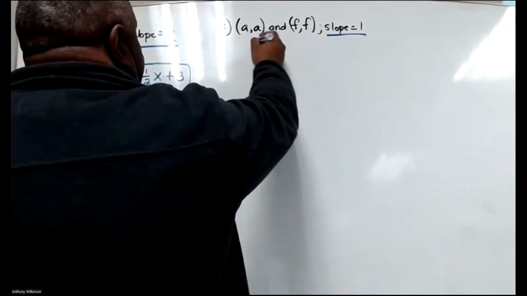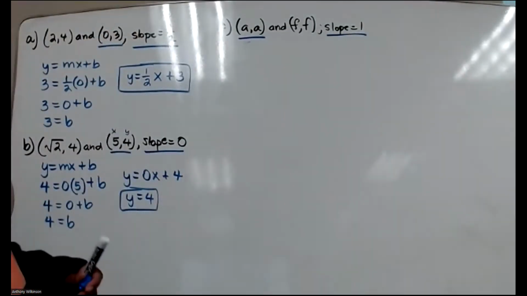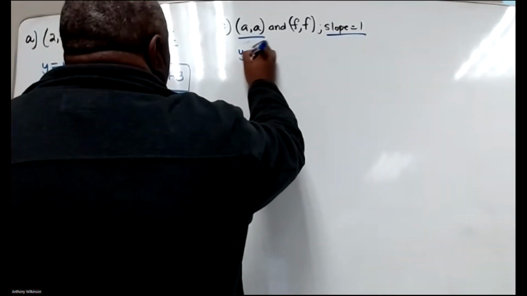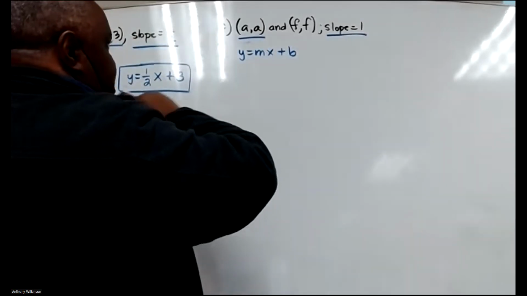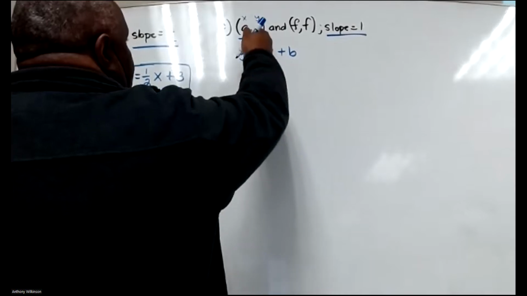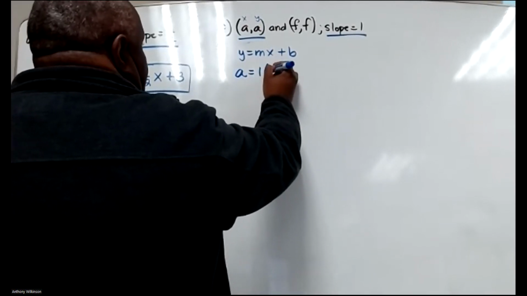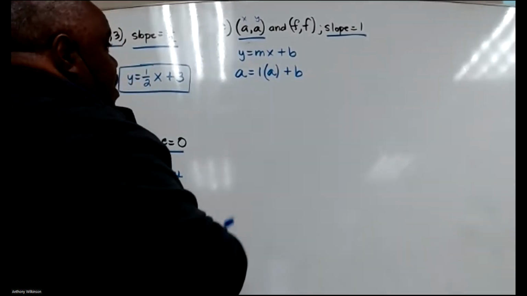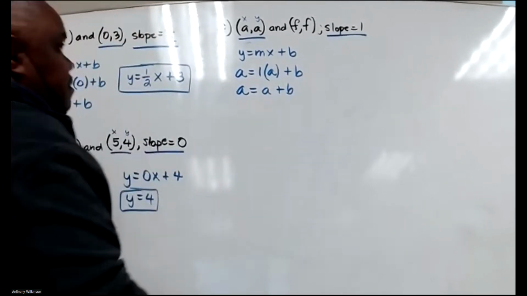And I can use either one of these two ordered pairs. I'll use the first one, A comma A, in the slope-intercept form, y equals mx plus b. So here this is x and this is y. So here y will be A, equaling m, that's the slope of 1, times x, which is also A, plus b. Now 1 times A will be A, so I have A is equal to A plus b.